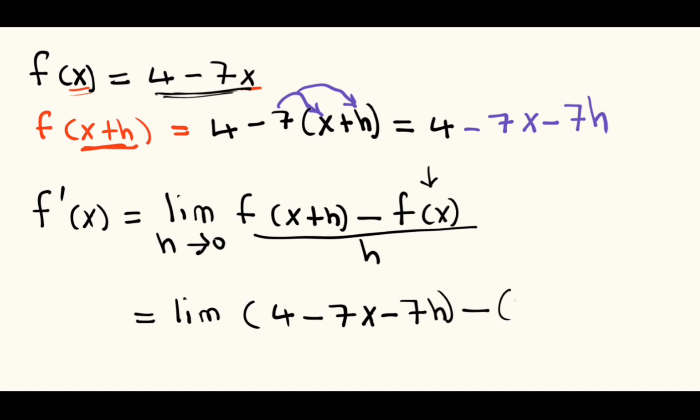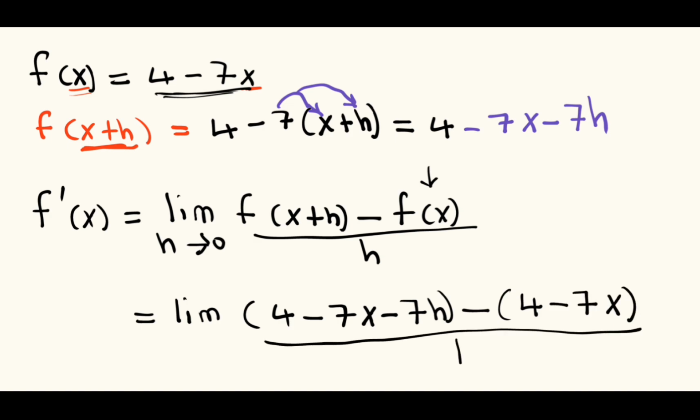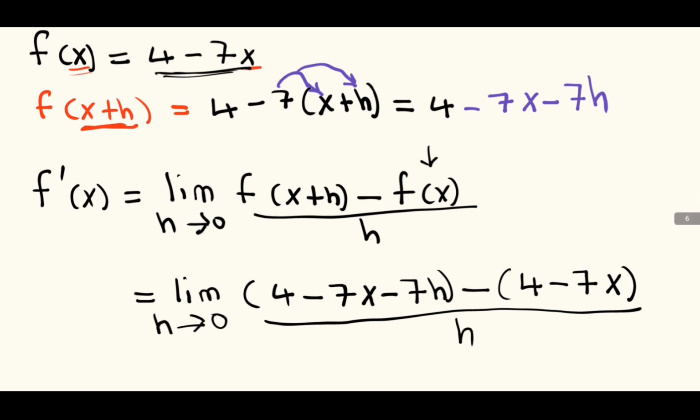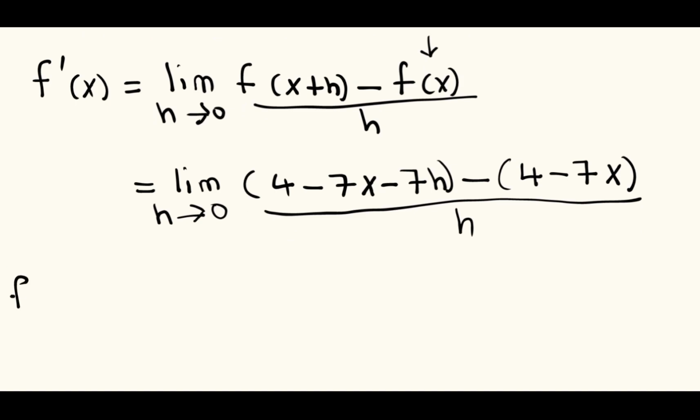So in the place of the f of x, we substitute 4 minus 7x. Remember, we are dividing this by h as h approaches 0. So our f prime of x will be equal to the limit of 4 minus 7x minus 7h.